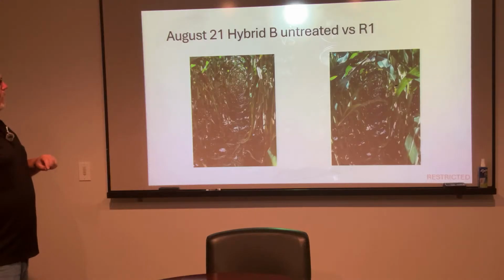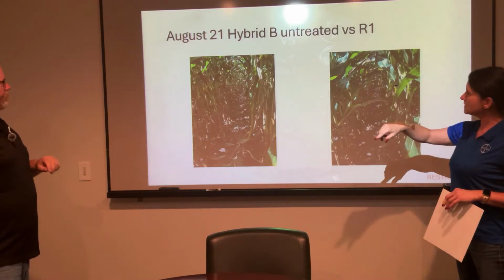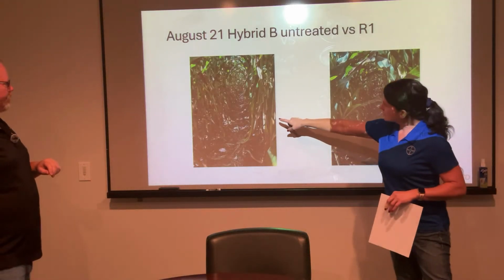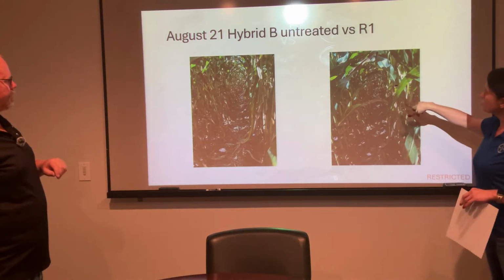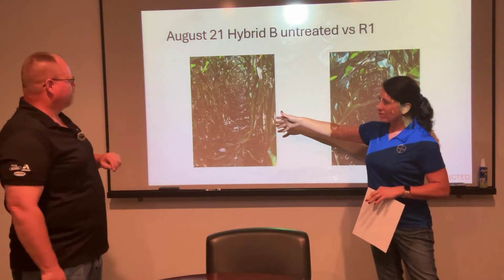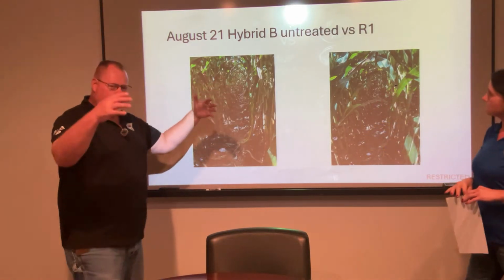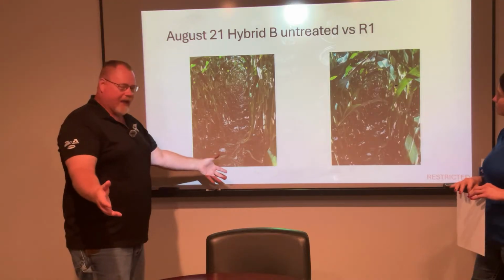Okay, so this was another one. This would have been hybrid 5 on Lance's data. So this again is untreated and then treated. And so you can see a little bit more. It's not as healthy as hybrid A. You can see a lot of those lower leaves are starting to drop down, which means they're being cannibalized.